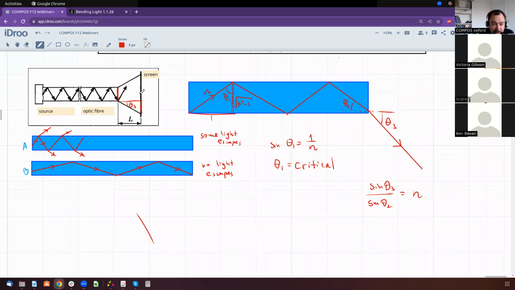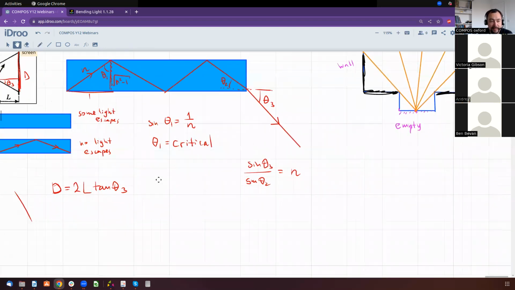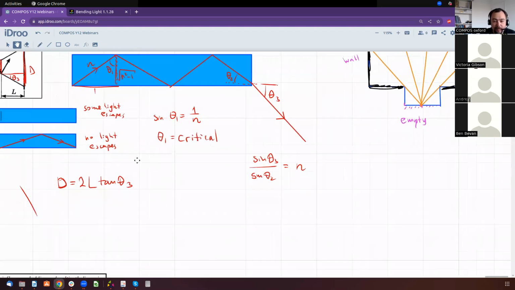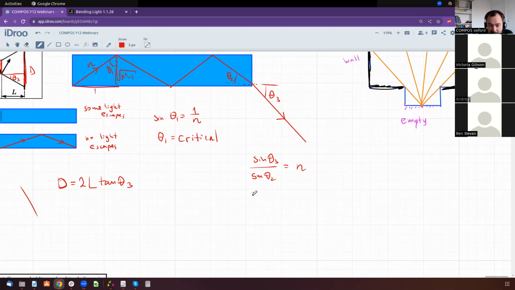Well, the diameter of the spot is going to be 2 times L times tan θ3. 2L tan θ3. That's the diameter of the spot. And from here, we can see sine θ3 is n sine θ2.